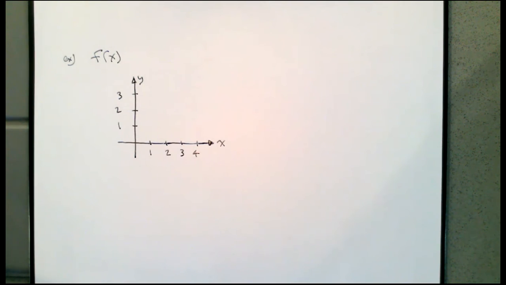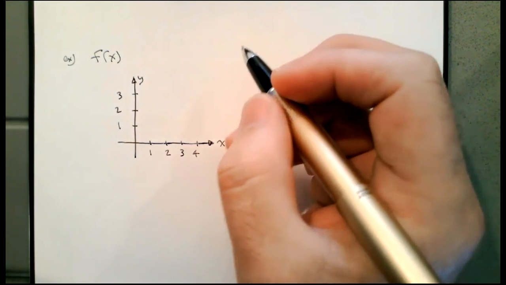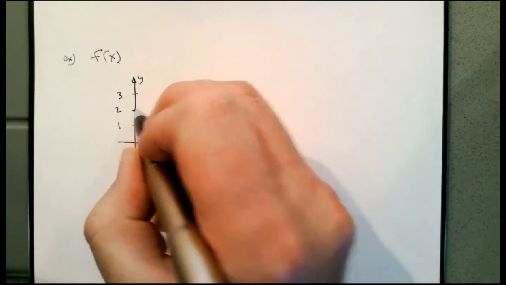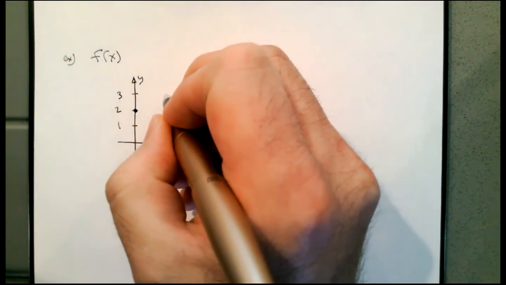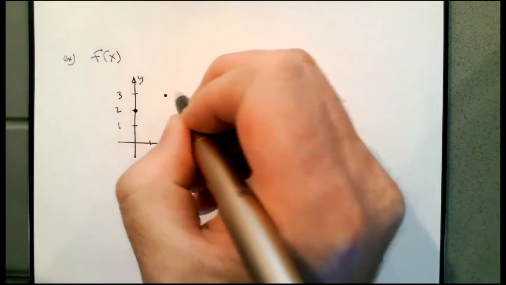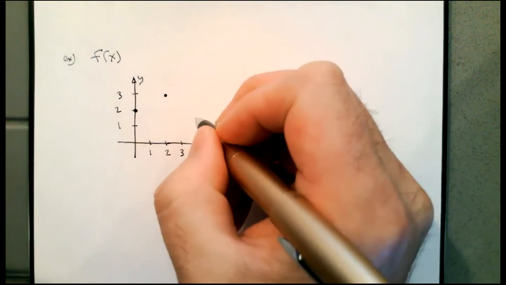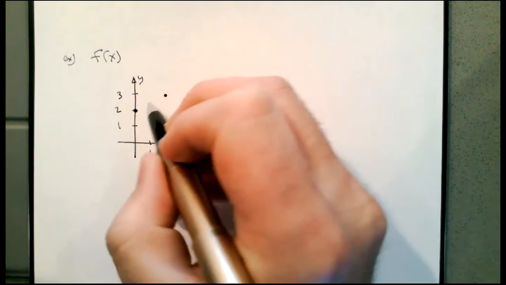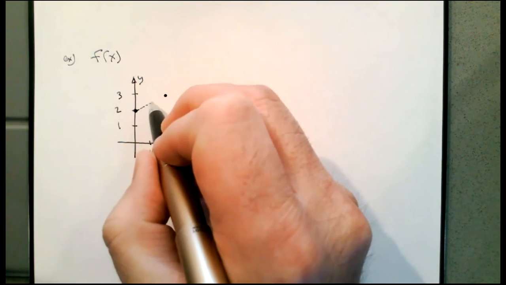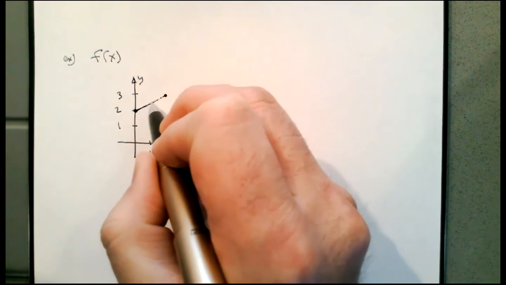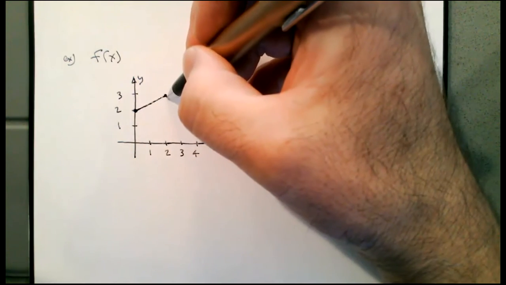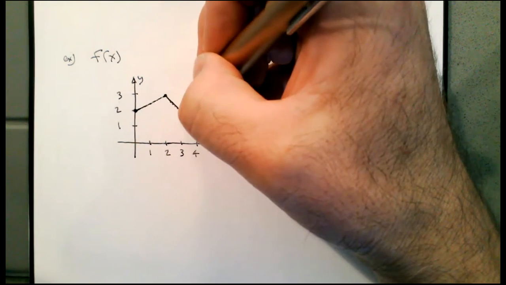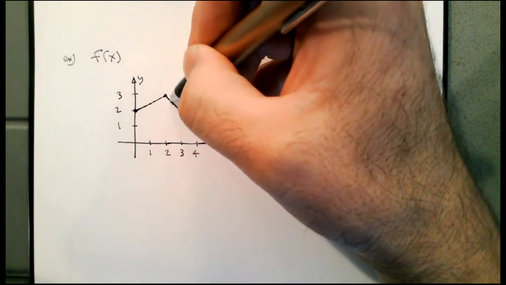It's going to be just a bunch of line segments. I'm going to start off at 0, 2. Then this will go up to 2, 3. And then drop down to 4, 1. So I just want a couple of line segments for our graph.